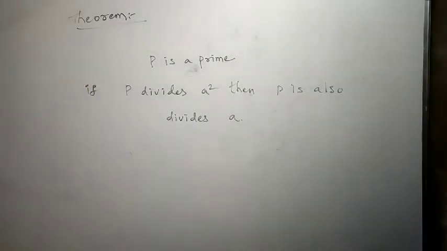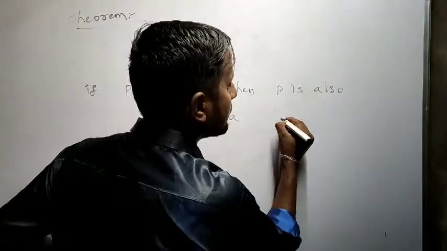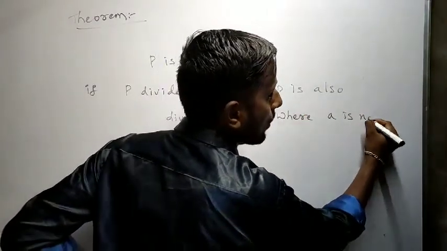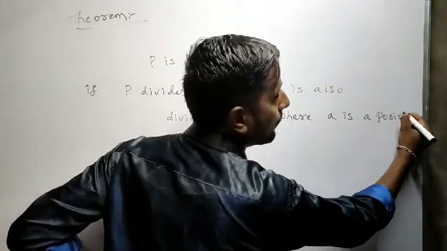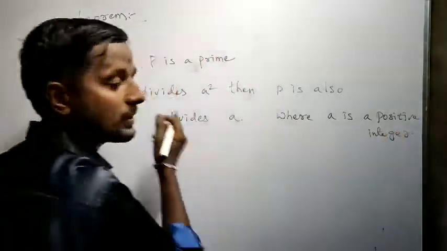Can you read again? P is a prime number, and if P divides a square, then P also divides a, where a is a positive integer.